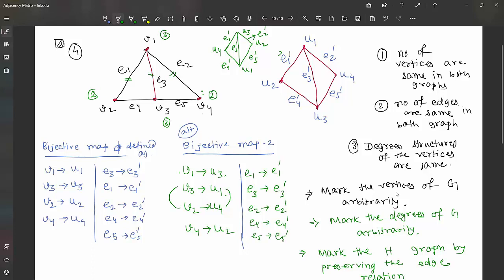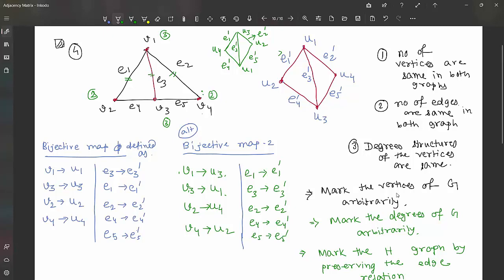So you can see that the edge relations are the same, but we have changed the vertex relation here, not like the previous way. So that's why this is called an edge preserving relation. We have taken the edges as the same structure, but we have changed the vertices. So in this way you can change the vertices to produce another bijection mapping also.